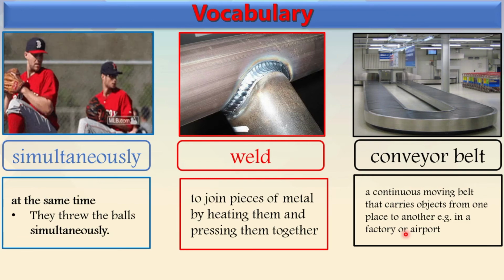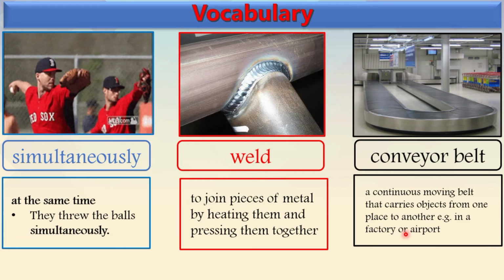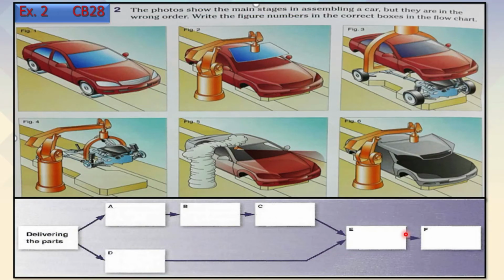Very good. Now open your course books to page 28. Exercise 2. The photos show the main stages in assembling a car, but they are in the wrong order.